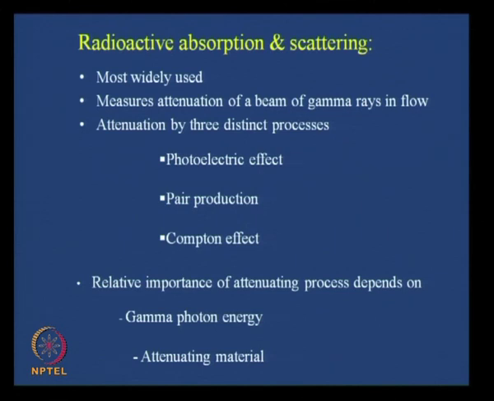So, this is the pair production, and this occurs usually at high gamma energy, where the secondary photons are much more readily absorbed as compared to the incident beam. In the first case, the photon simply strikes an atom, liberates an electron, and gets absorbed in the process.